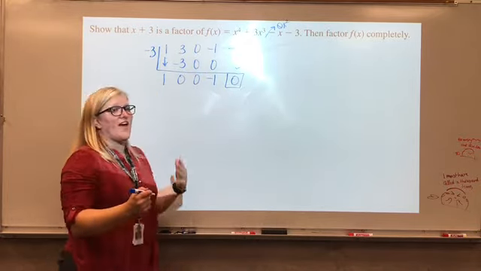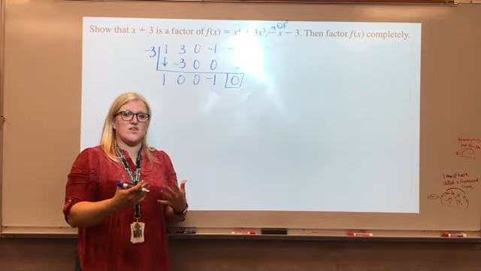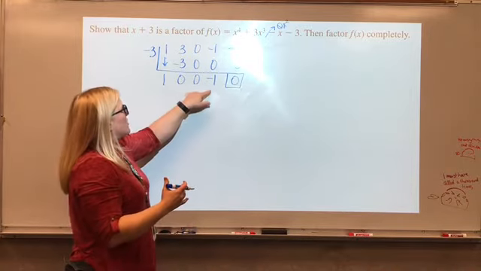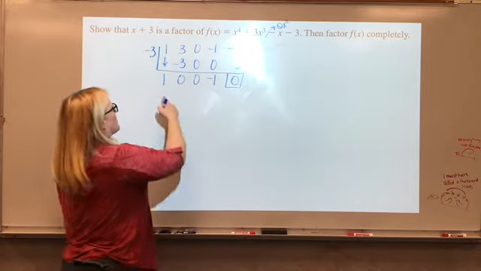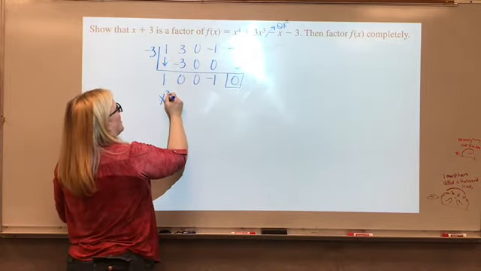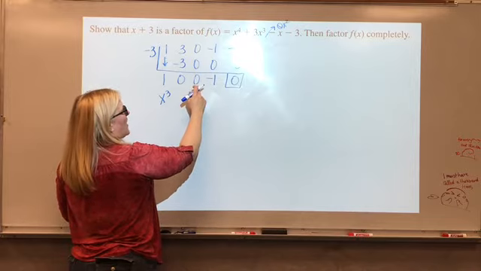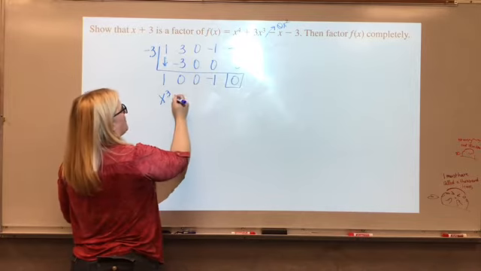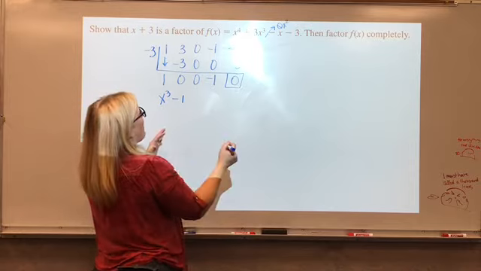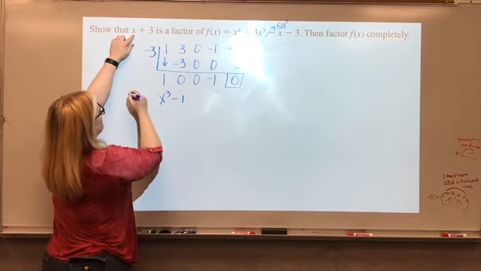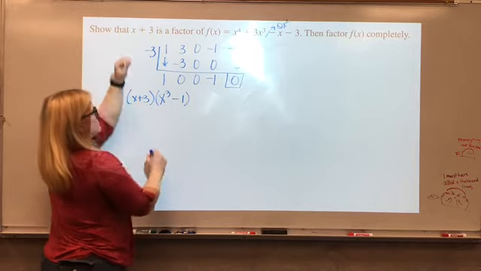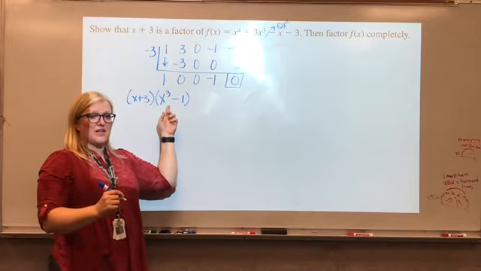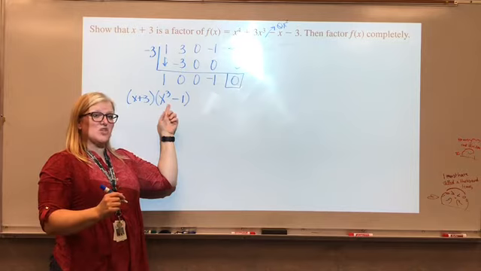So yes, this is a factor. And now they want us to factor it completely, so I need to look at what I've got left. I started with an x to the 4th, so now I've got x cubed. I don't have an x squared. I don't have an x, but I have a minus 1. So since x plus 3 is a factor, this is what I have, but this is not factored completely. This is the difference of 2 cubes.